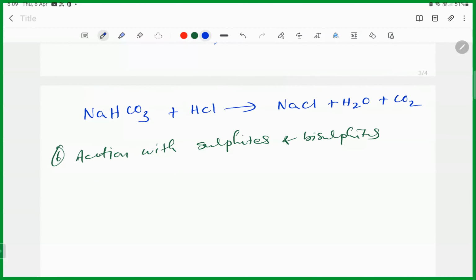So Na2SO3 reacts with HNO3, nitric acid, and it will give NaNO3 plus water plus sulfur dioxide. So twice NaNO3, H2O plus sulfur dioxide. This is the reaction.